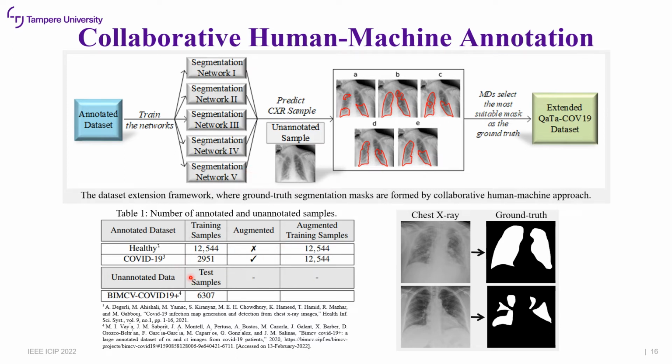For the unannotated data, we predicted their samples by testing them on these segmentation networks, and we have shown their predictions to medical doctors, and they have selected the most suitable mask for the ground truth. Therefore, we could extend our dataset. So you can see some examples of the chest X-rays and their ground truths in this figure.